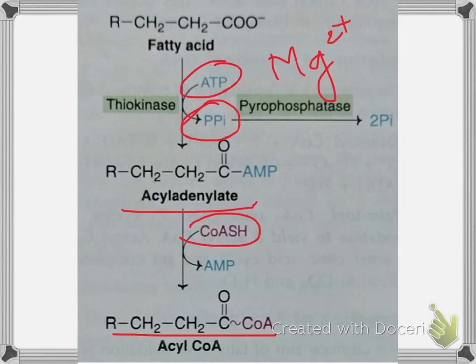This is converted to inorganic phosphate by the enzyme pyrophosphatase. So two high energy phosphates are utilized in this reaction. And thiokinase is the enzyme which catalyzes this reaction. So it first converts fatty acid to acyl adenylate, then to acyl-CoA.